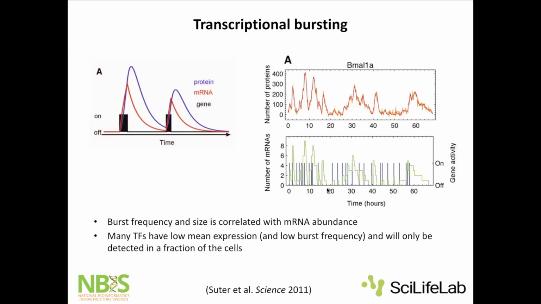You might catch it at a time point where there's no mRNA copy of that gene. So that's really important to keep in mind when you're analyzing this kind of data, that a zero doesn't have to mean that the gene is not there for that cell type when you're looking at one single cell.